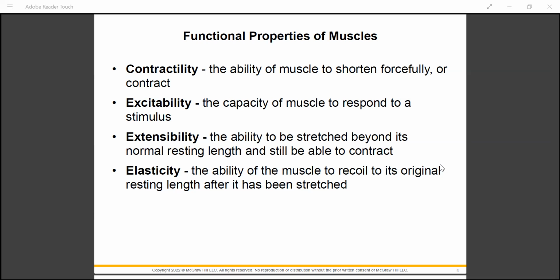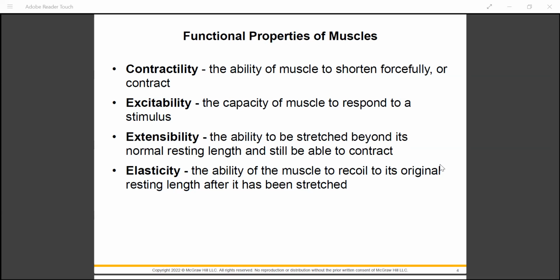So extensibility is the extent past normal resting length that the muscle can still be functional. So if it goes too far past that resting length, then it's no longer going to be able to contract. And then finally, we have elasticity.